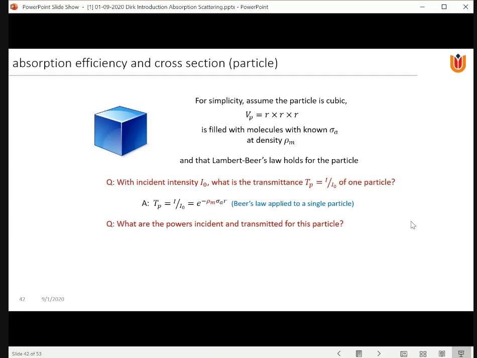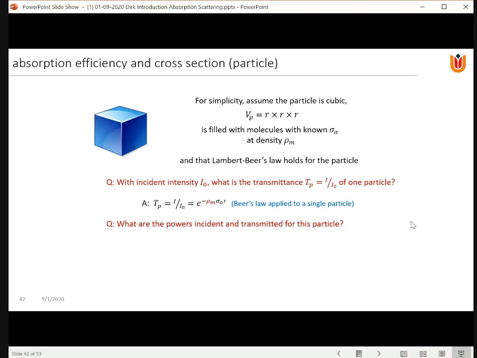So if we now know these intensities, how can we now calculate the powers that are incident on and that are transmitted through this particle? Remember what the units of intensity were? They were watt per square meter. Yeah, that's correct.